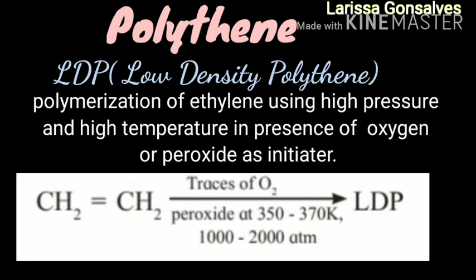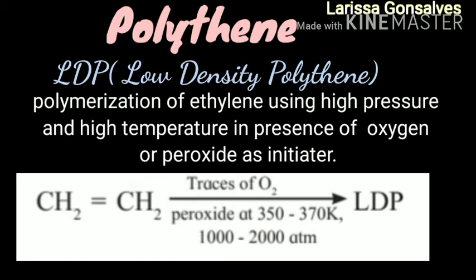A small amount of oxygen or peroxide is used as an initiator. Initiator is a substance which starts the reaction. So we'll take the ethylene, treat the ethylene with the necessary requirements and the LDP will be produced.